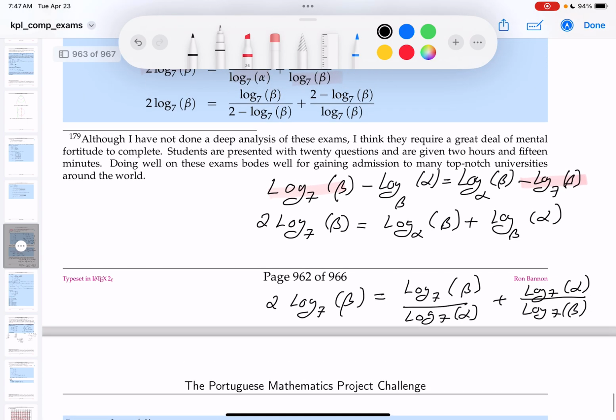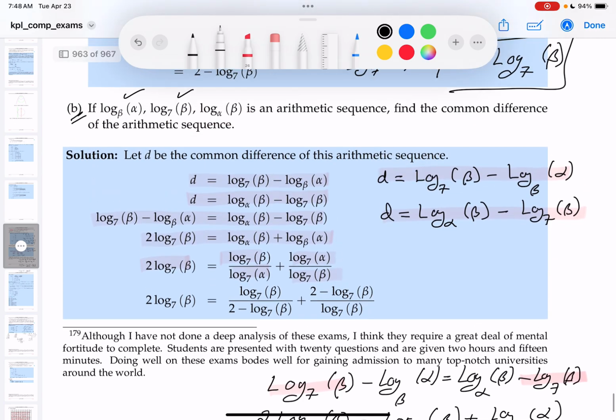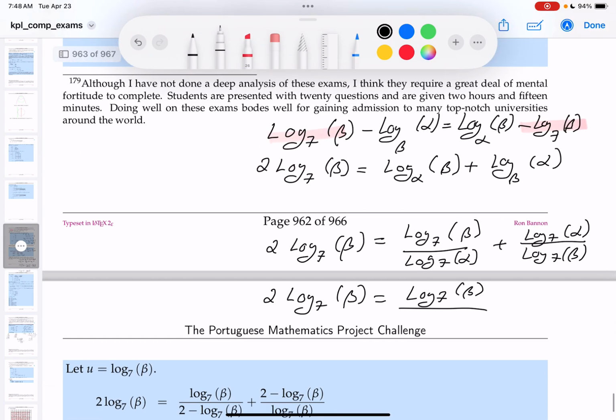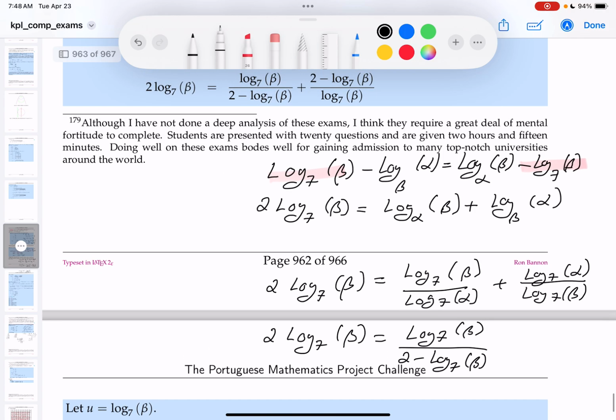So you get 2 log base 7 of beta, and again, the log base 7 of alpha, we just did that up here, right? That's 2 minus log base 7 of beta. All right, let me show you where this stuff is being written down for you.